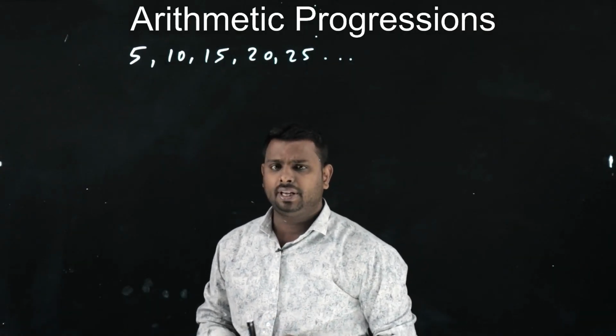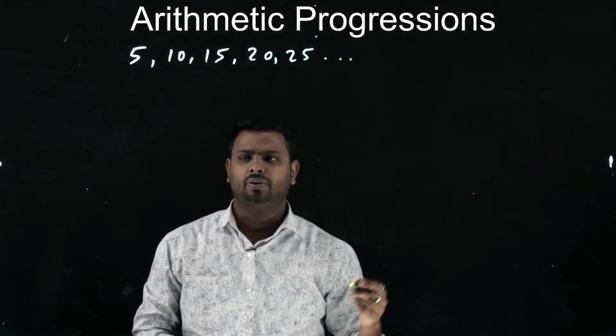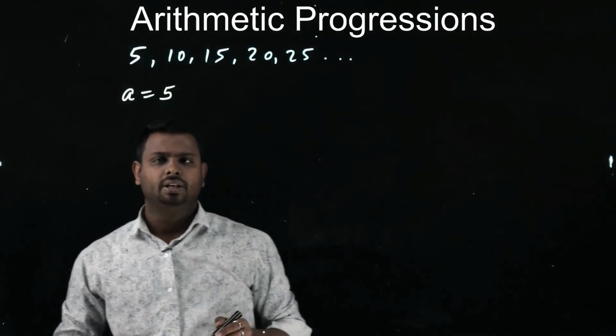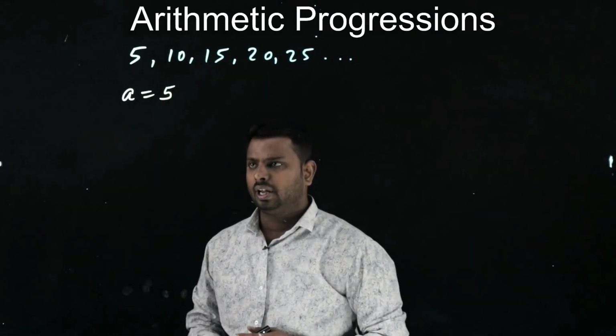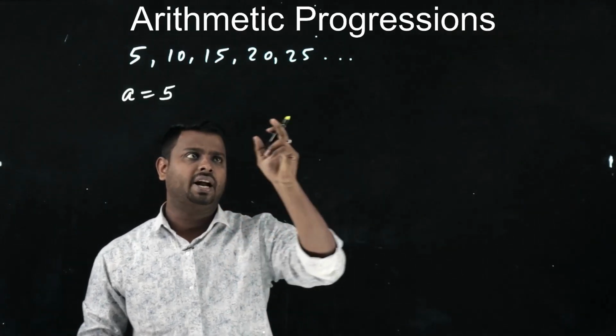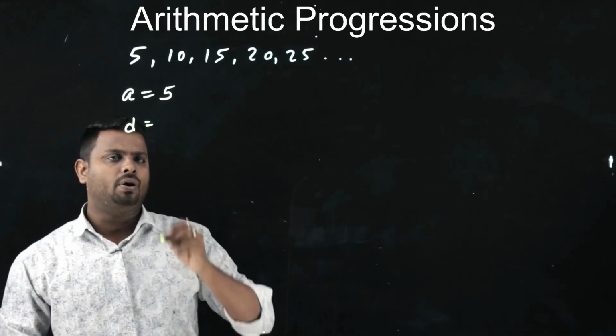Now, we will see a few very important terms about arithmetic progression. The first term is called a. The fixed number, the fixed difference that you are adding to all the numbers, is called d. And how do you obtain d?